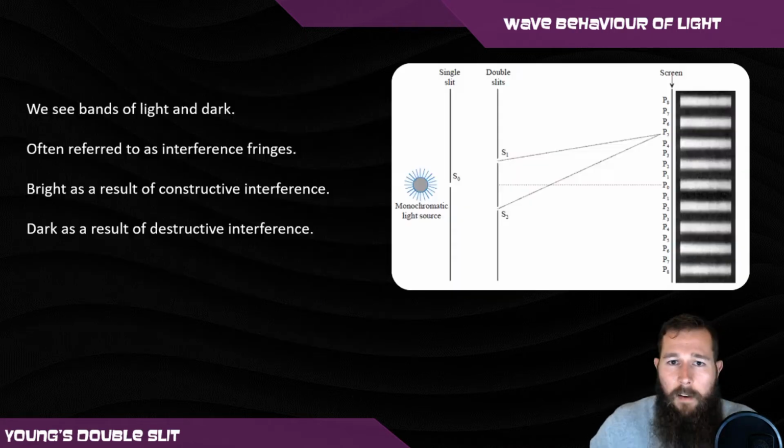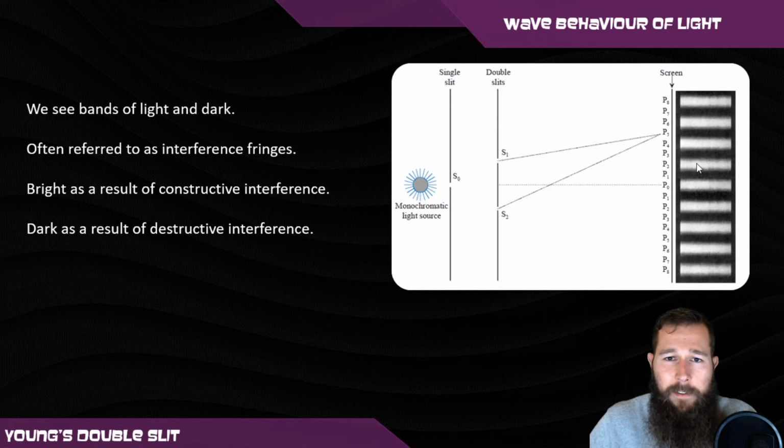at the same time. So when a crest is emitted from source 1, a crest is also emitted from source 2, and along this line here we get that constructive interference. At P2 here, the light from S2 has to travel one wavelength further than the light from S1. However, it's exactly one wavelength further, meaning constructive interference still occurs.